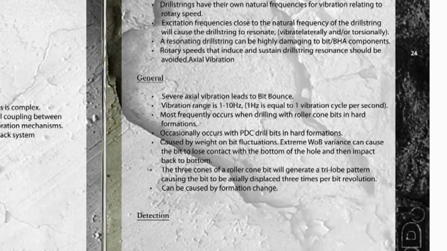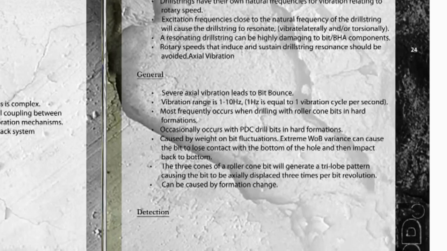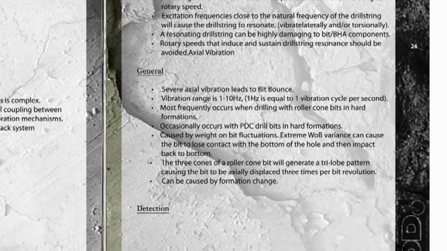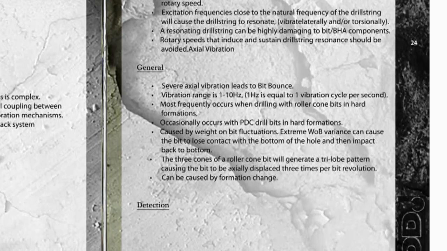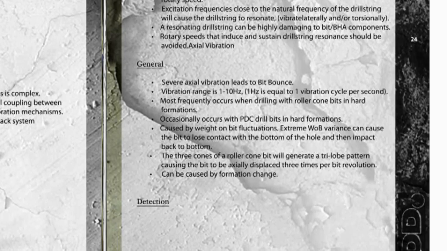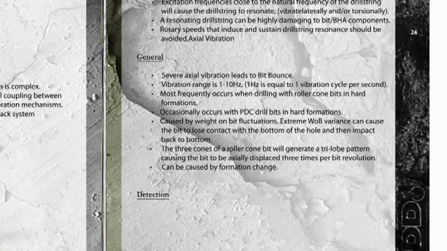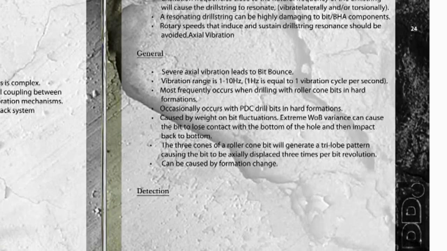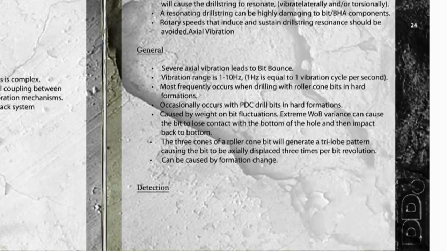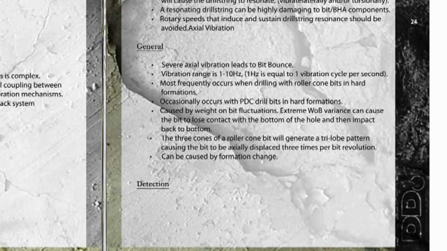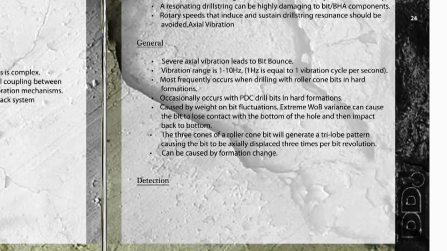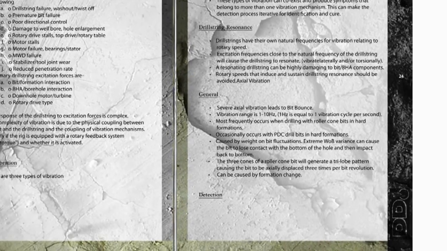Caused by weight on bit fluctuations. Extreme WOB variance can cause the bit to lose contact with the bottom of the hole and then impact back to bottom. The 3 cones of a roller cone bit will generate a tri-lobe pattern, causing the bit to be axially displaced 3 times per bit revolution. Can be caused by formation change.